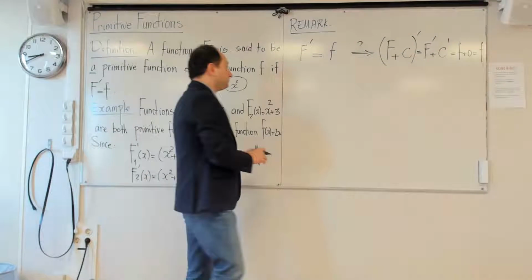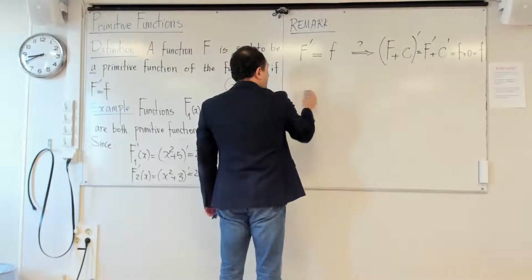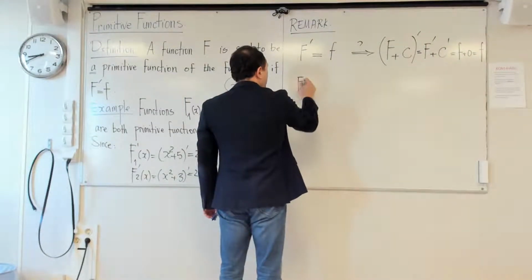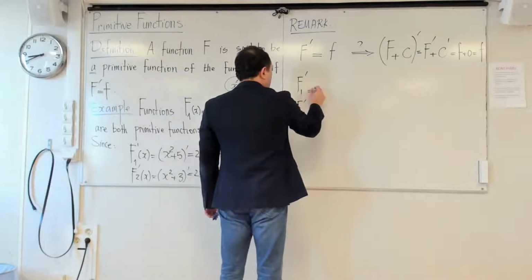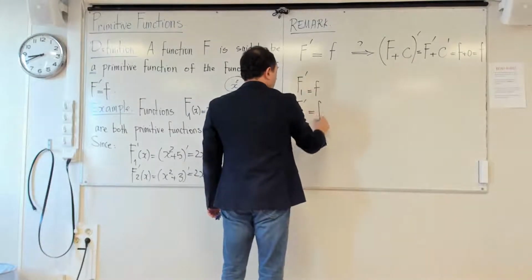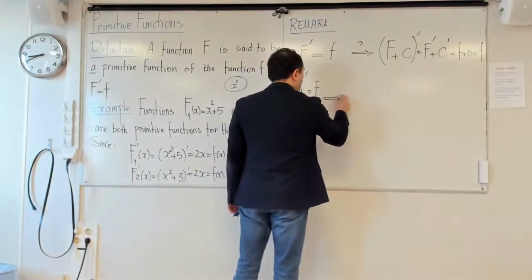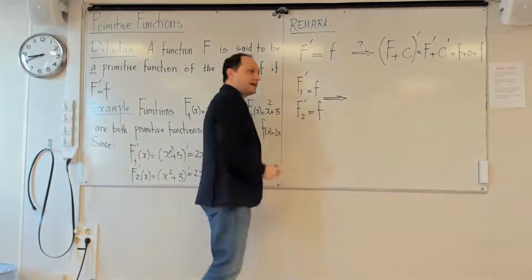What does it mean? It means that if you have two functions, f1 and f2, whose derivatives are the same function, then you can conclude from this that the difference between these two cannot be that much.